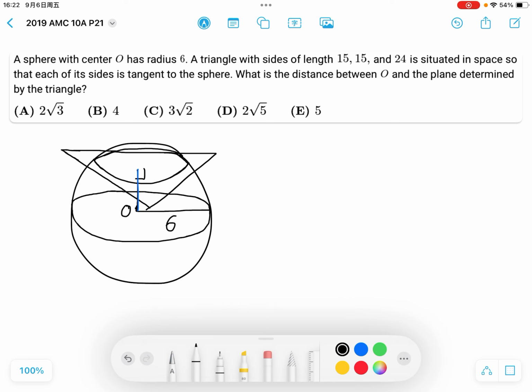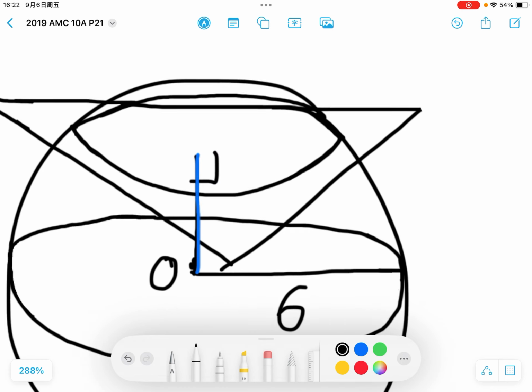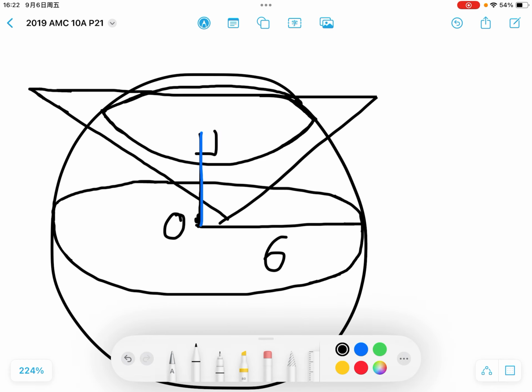To solve this problem, we have to first draw the diagram. I've already drawn a 3D version of this diagram, so let's take a look. This is a sphere, and it has a radius of 6. That's the radius. Then the triangle is over here.